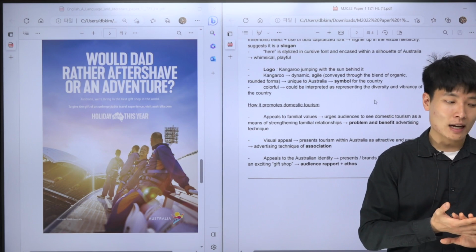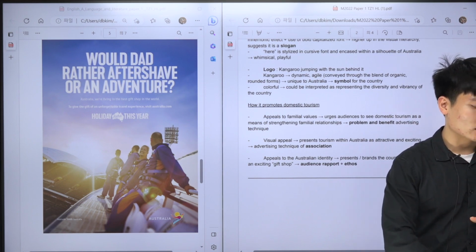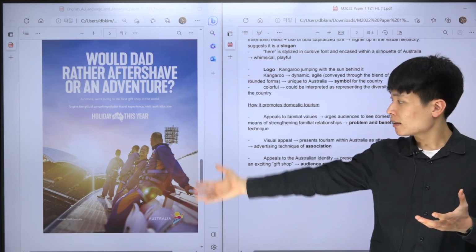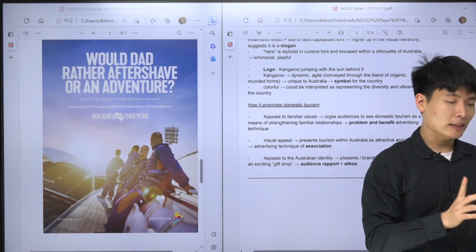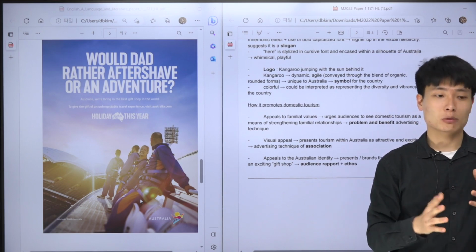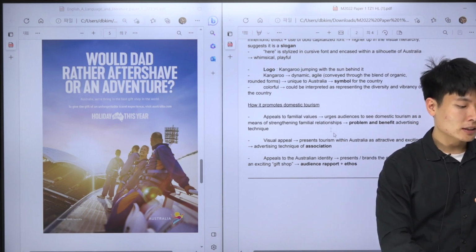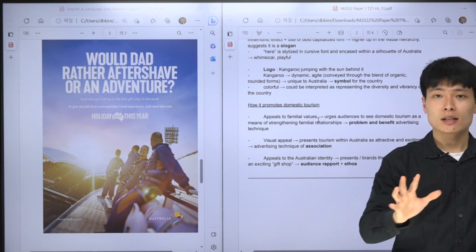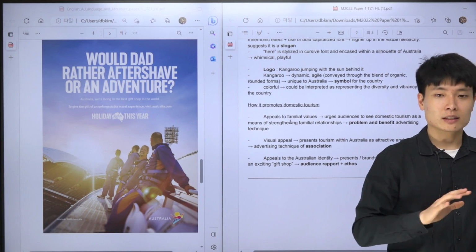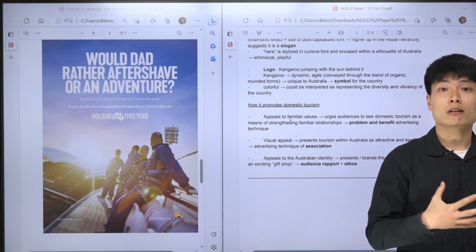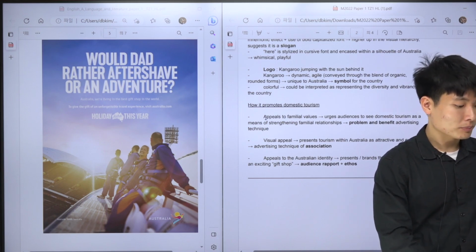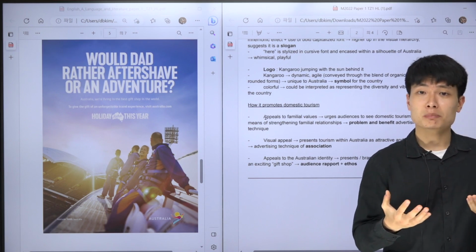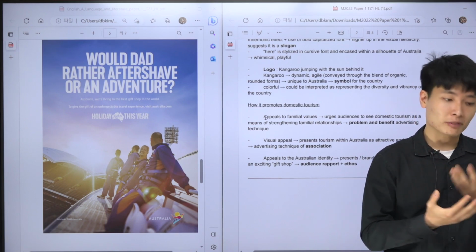So that's how I would organize all of the features being shown in this particular advertisement. And now for the second half of that guiding question. We've already kind of touched on these ideas, so now I am just bringing them out, extracting them, and then clearly dividing them so I know what my body paragraph points will be. So this advertisement is definitely appealing to familial values.